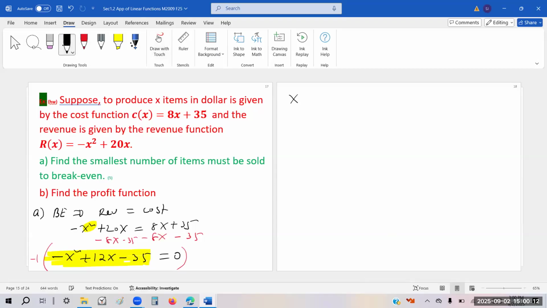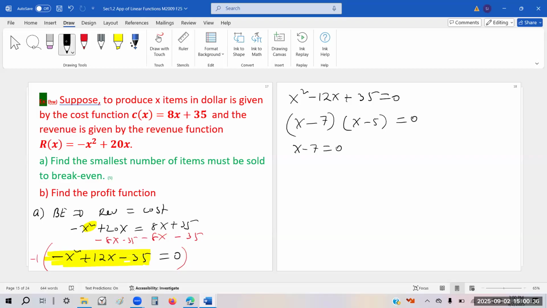So you get positive x squared, negative 12x, positive 35 equals 0. That gives us two numbers multiplied to 35 and combined to -12: -5 and -7. Since their product has to be 0, one of them definitely has to be 0.